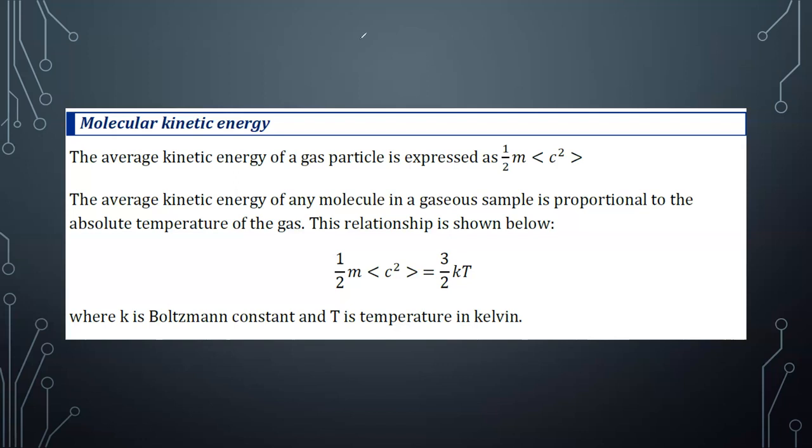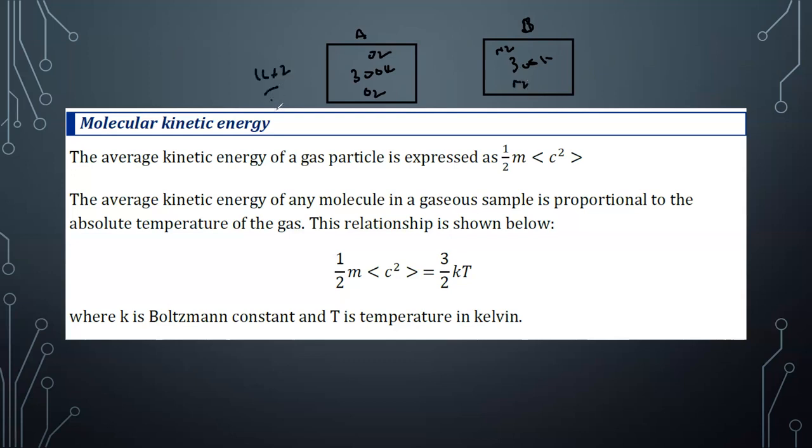So if we have two containers at the same temperature, for example this is 300 Kelvin, and this is also 300 Kelvin. We have two gases inside the containers, A and B. In container A we have oxygen, O2, and in container B we have nitrogen. The mass of oxygen is 16 times 2, so 32.